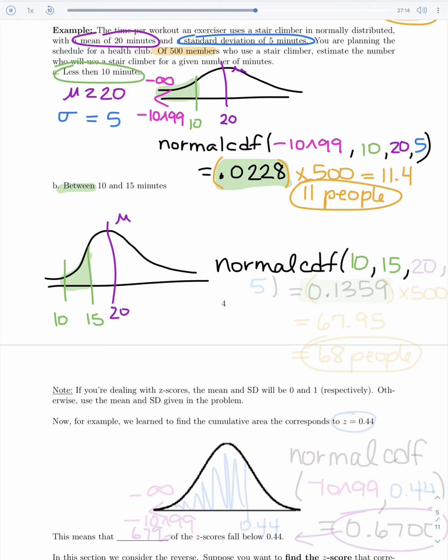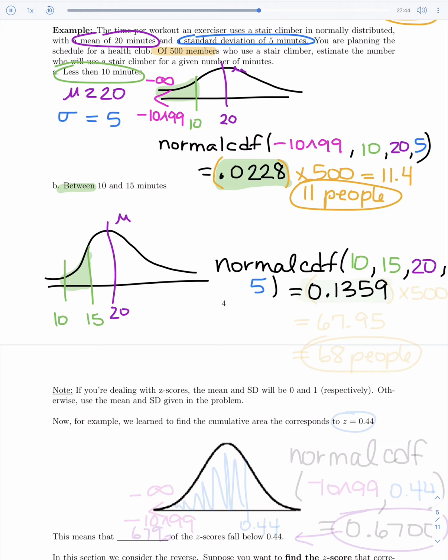So we need to also, just like the last few, give the mean and also, comma, the standard deviation, which was 5. Close that off and let's see what it finds for our probability here. What we get is 0.1359. That's our probability of someone spending between 10 to 15 minutes using the stair climber.